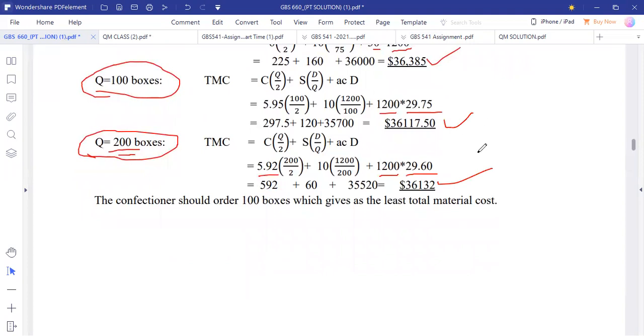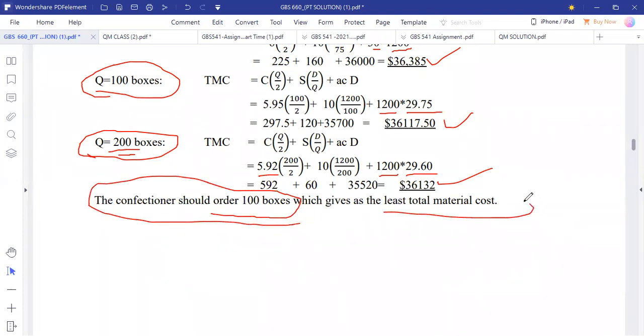We can see that the cheapest total material cost is 36,117.50. So the confectioner should order 100 boxes, resulting in the least total material cost of 36,117.50.